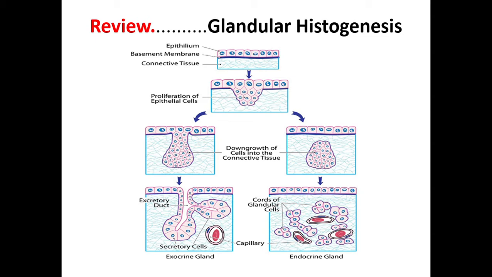While in the endocrine gland, the substances that are formed by the secretory cells will pass directly into the blood circulation. That's why they are found near blood vessels in the form of cords, of islets, and form of clumps of cells.